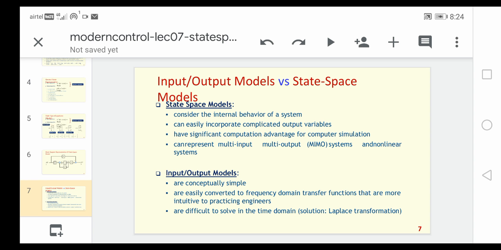But input-output models are useful only for linear and time domain specifications, and use only the Laplace transformation method. In the case of the state space model, we are not using any Laplace transform method. Here in the case of the transfer function, we are using Laplace transformation.